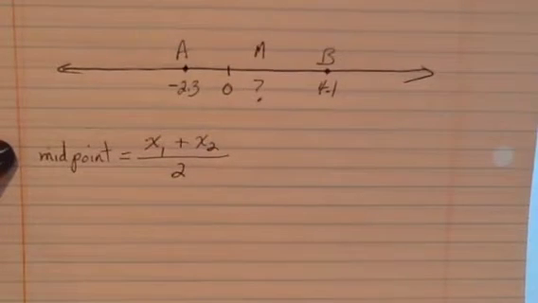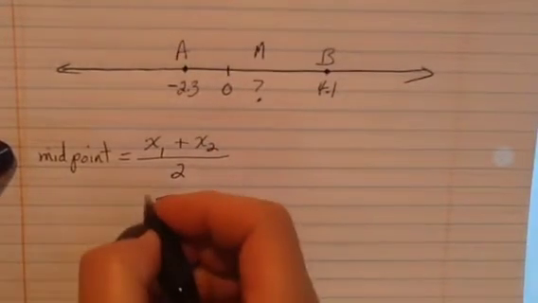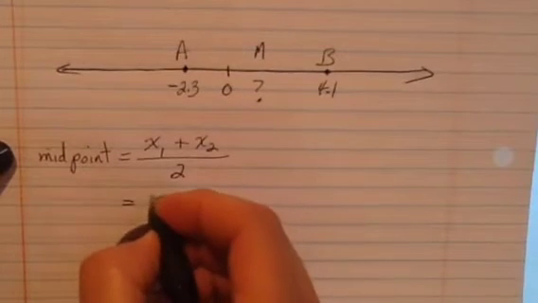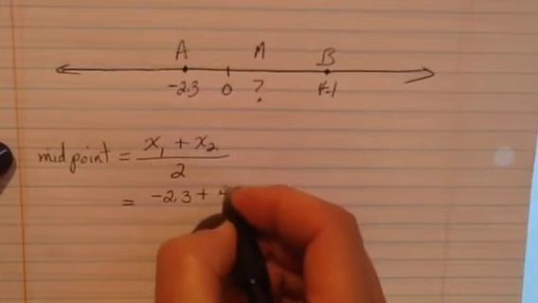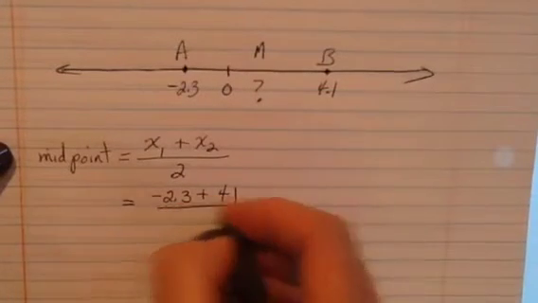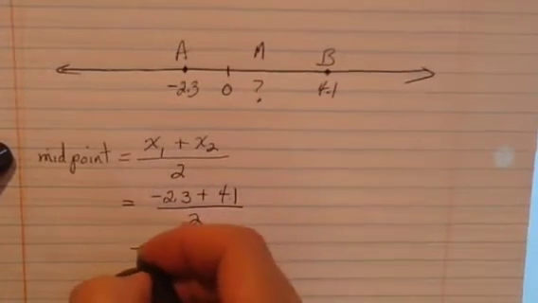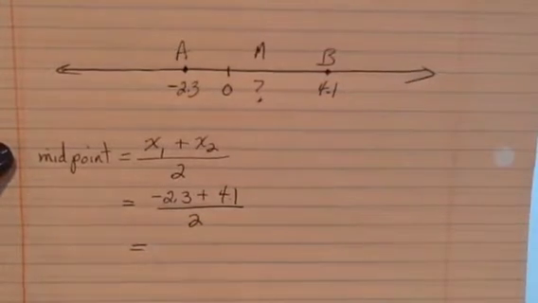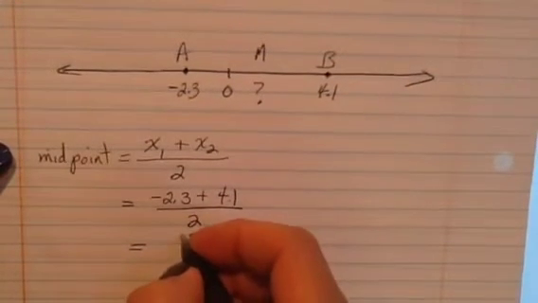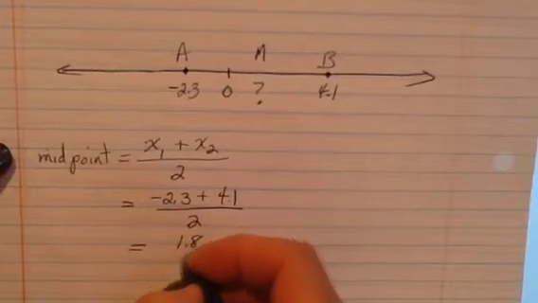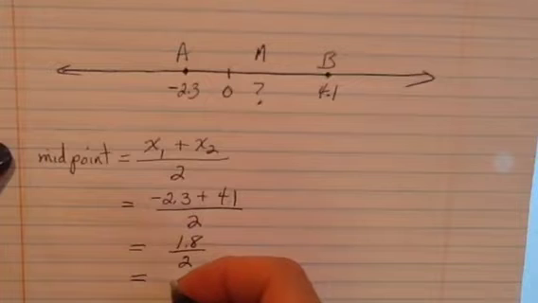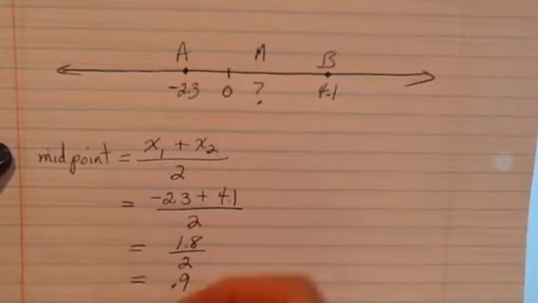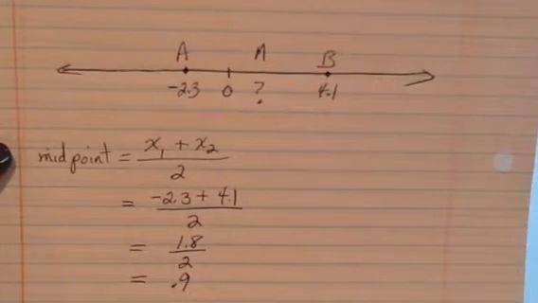So we write down our formula, we substitute negative 2.3 plus 4.1 divided by 2. That's 1.8 divided by 2. And our answer is 0.9. And that is the value of our midpoint M.